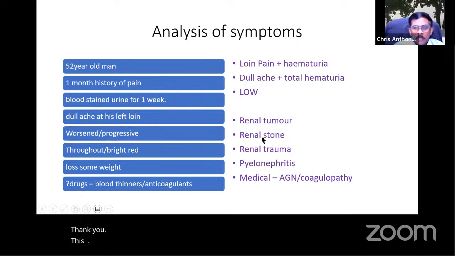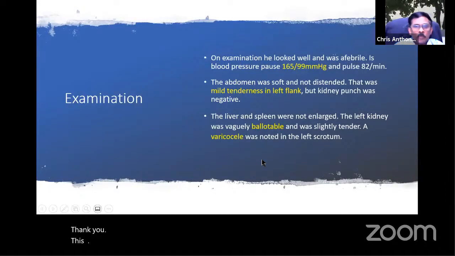Okay, bearing this in mind, we go to the examination. On examination, he looked well. That means he is not pale and he was afebrile. BP 165/99 and pulse 82. The abdomen was soft and not distended.